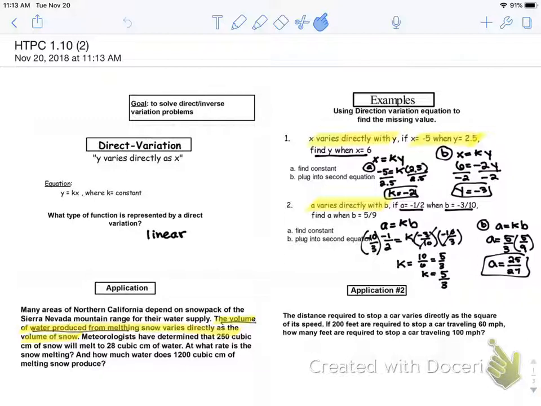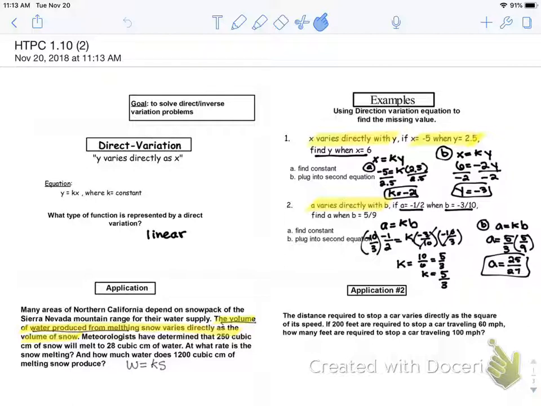So I don't want to use V because we're talking volume of the water produced and volume of the snow. So I'm just going to say this is W equals k times, I'm going to use a dangerous letter there, S. Okay? So let's first find the constant.